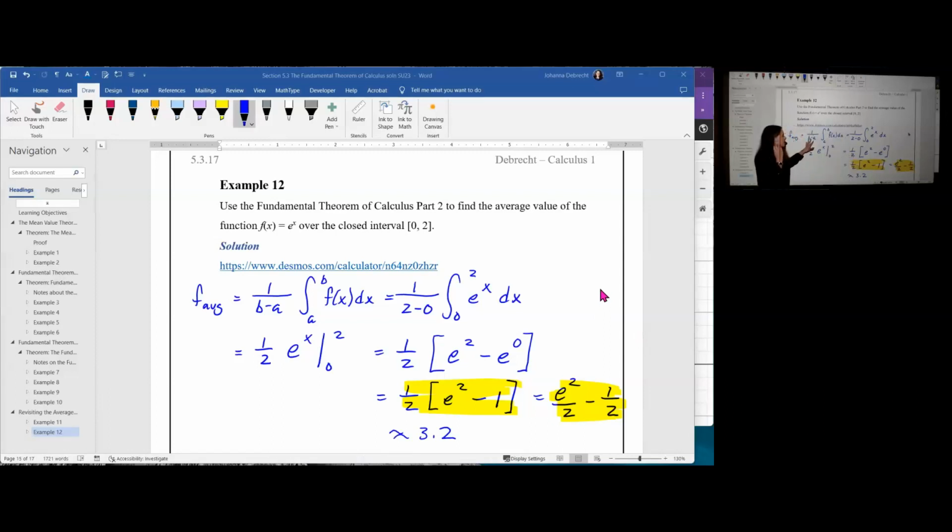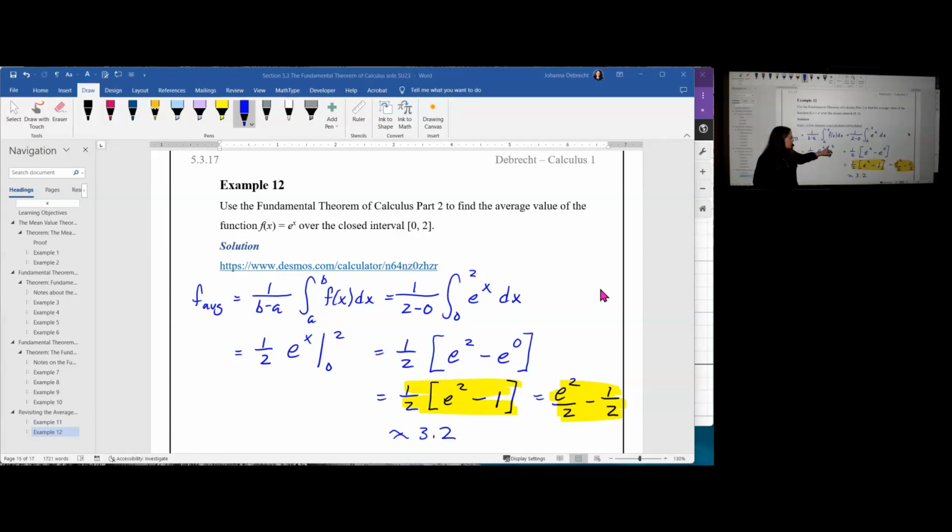When we evaluate the average value, remember you're multiplying by the reciprocal of the width of the interval. Since our interval is 0 to 2, that means we're multiplying by 1/2. Our function is e to the x, and an antiderivative of e to the x is e to the x plus 0. Of course, e to the x plus 2 would also work.